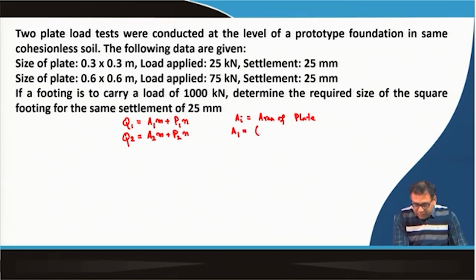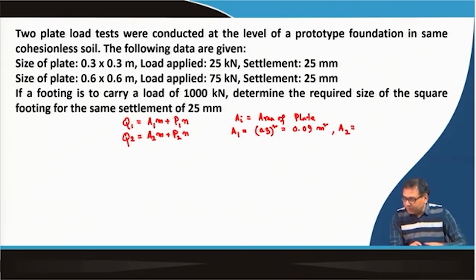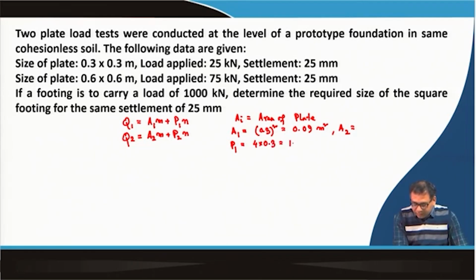Okay, so A1 is the area of the first plate. That will be 0.3 squared, so this will be 0.09 meter square, and the perimeter P1 for the first plate will be 4 into 0.3, so this is 1.2 meter, the perimeter of this square plate.